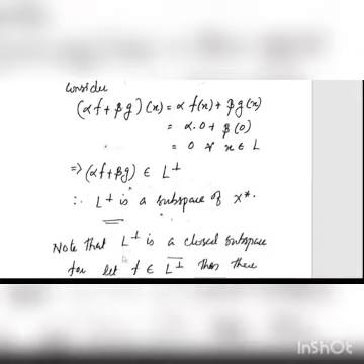Now we want to prove that the annihilator of L is a closed subspace. See, purposefully I am not reading it as L perp, because L perp you have already defined as the set of all those vectors which are orthogonal to L, right?